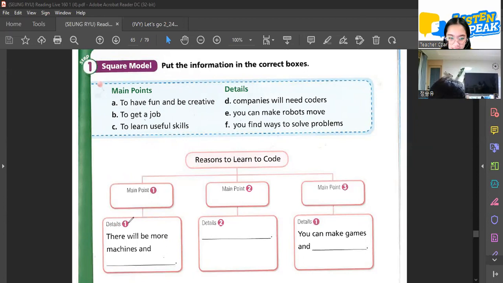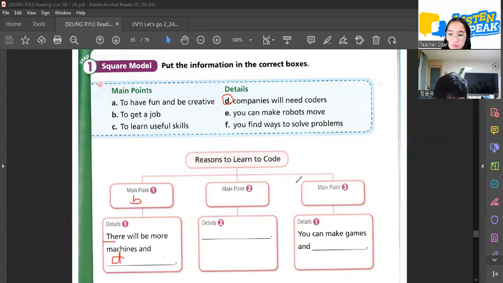Detail number one is that there will be more machines and companies, letter D. And companies will need coders. So what is the main point of that? To get a job. Okay, to get a job.